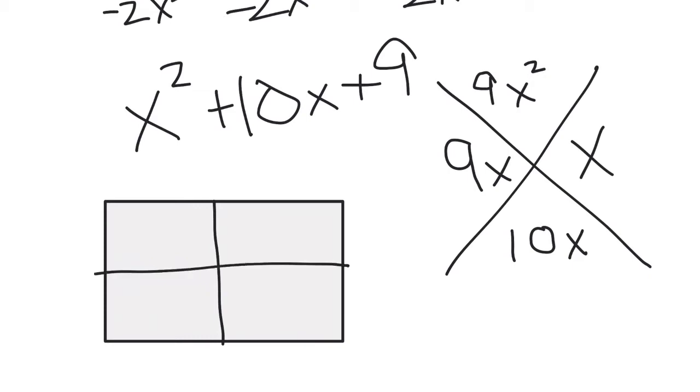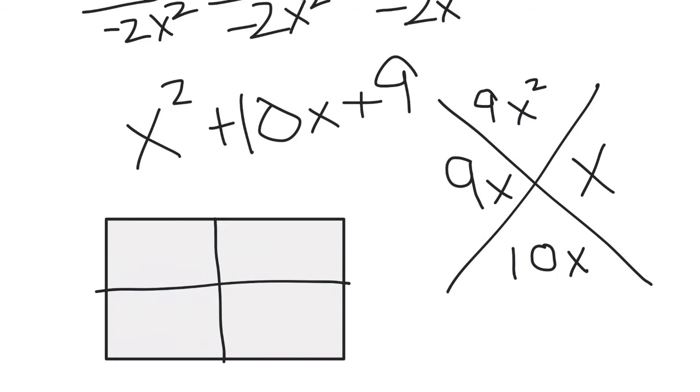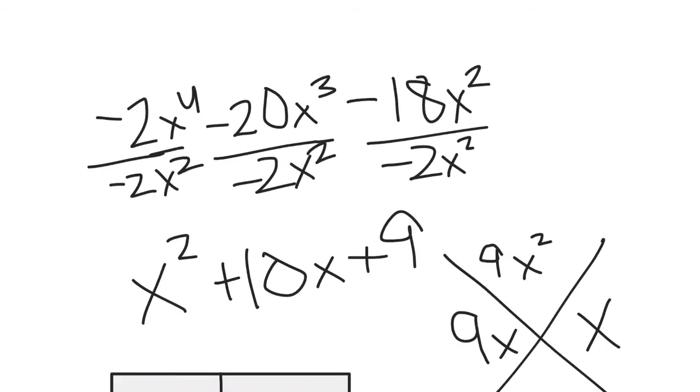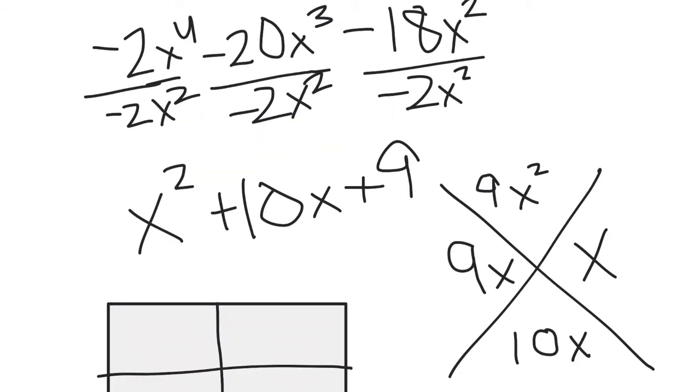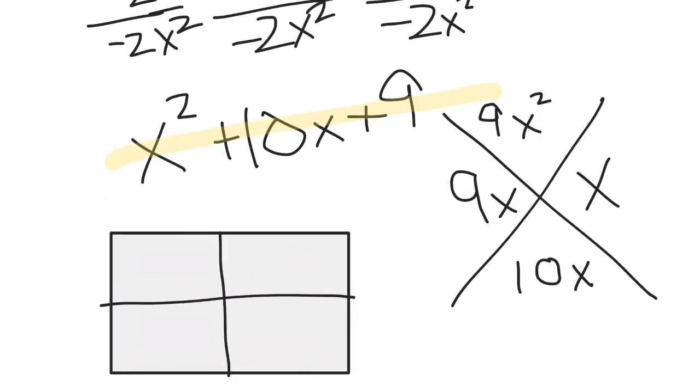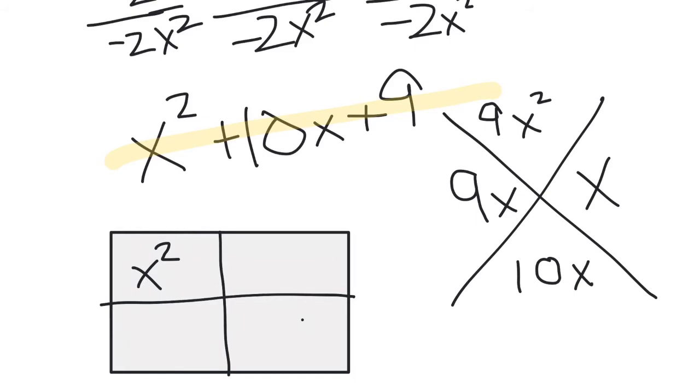We would put our first number, x to the second, here, and in the bottom we're going to put the last number, so 9. And then we are going to put our two sides into these boxes as well.